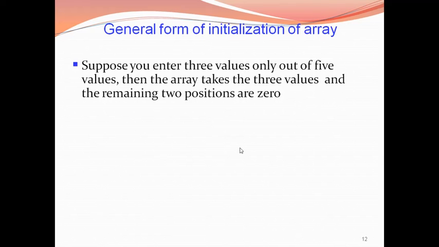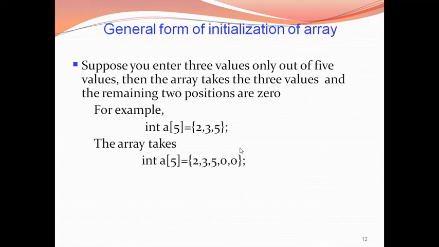Suppose you enter 3 values only out of 5 values, then the array takes the 3 values and the remaining 2 positions are 0. For example, int a of 5 equals 2, 3, 5, the array takes 2, 3, 5, 0, 0. It initializes the remaining positions to 0.